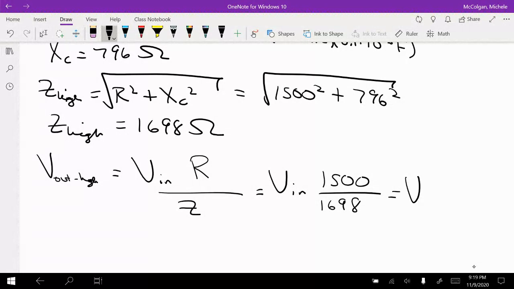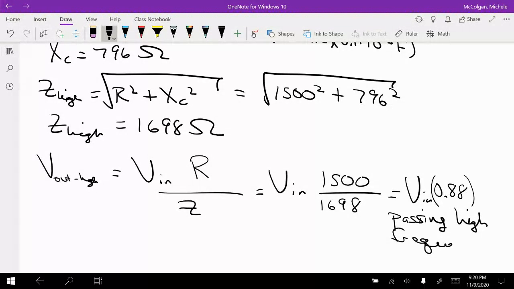So this is going to be V in times 0.88. And so this is definitely passing high frequencies. So I would say this is a high pass filter.